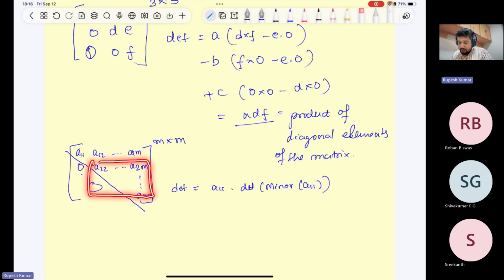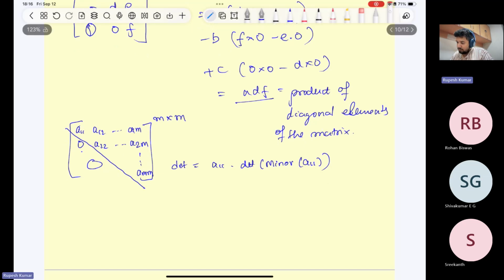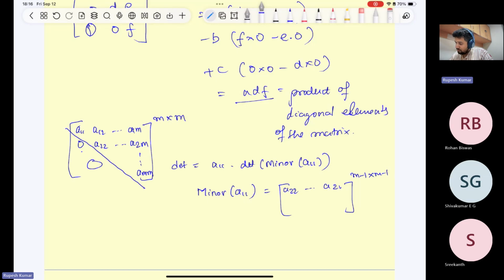This is again an upper triangular matrix. Fine. So let's write up the minor of A11. It will become an M minus 1 cross M minus 1 matrix that will look like A22, dot, dot, dot, A2M.